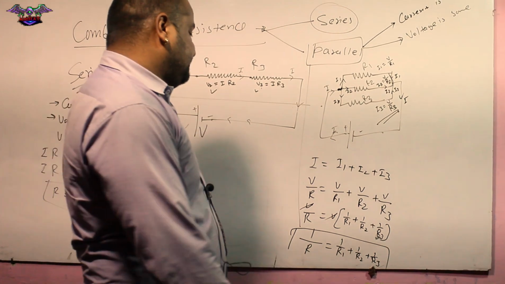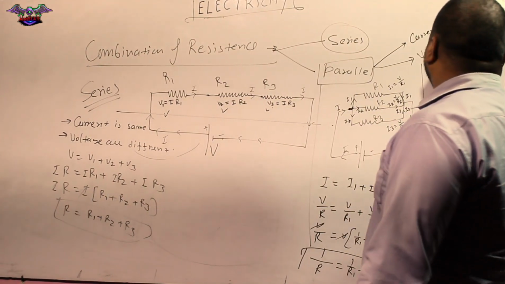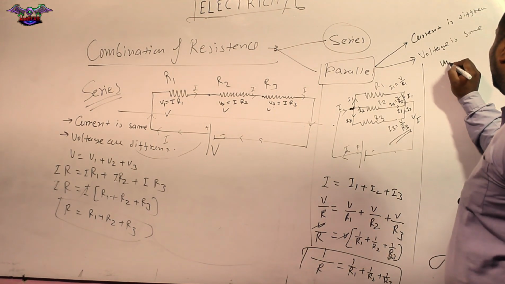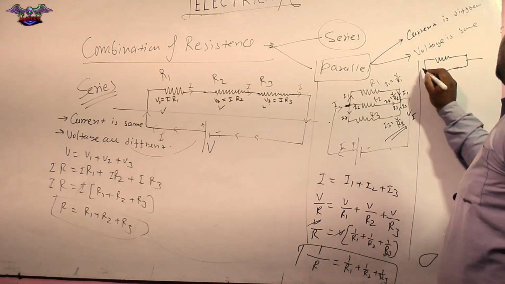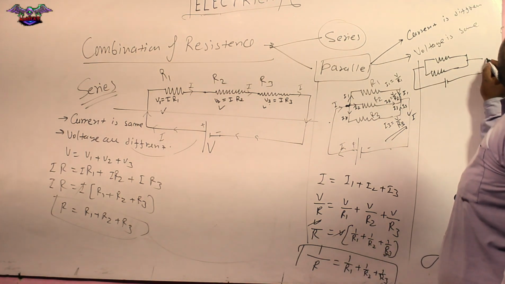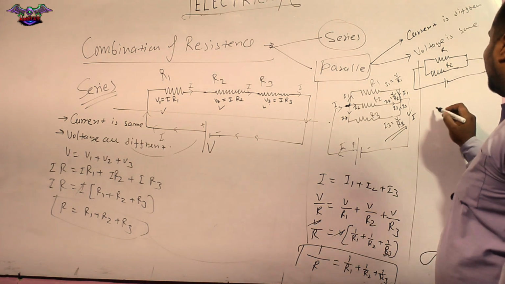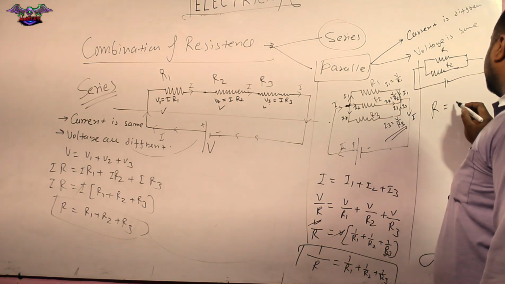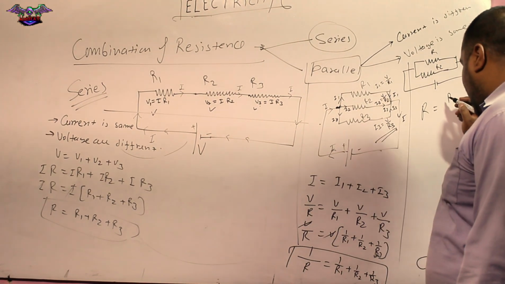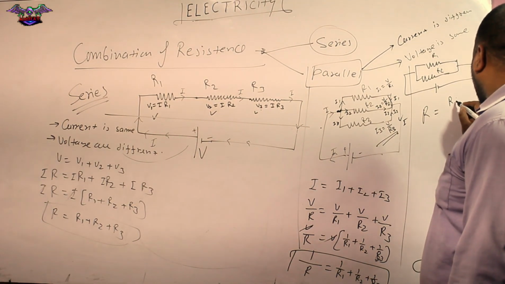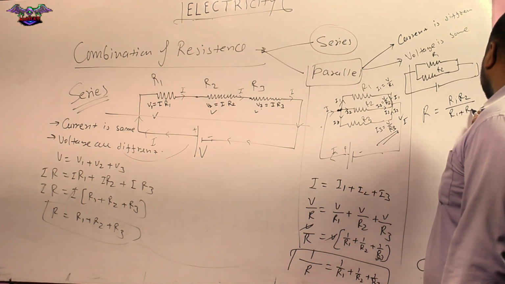Okay. Now for a shortcut, if it is given that there are only two resistances in parallel, R1 and R2, you can get the direct formula for resistance, that will be R equal to R1 R2 upon R1 plus R2.